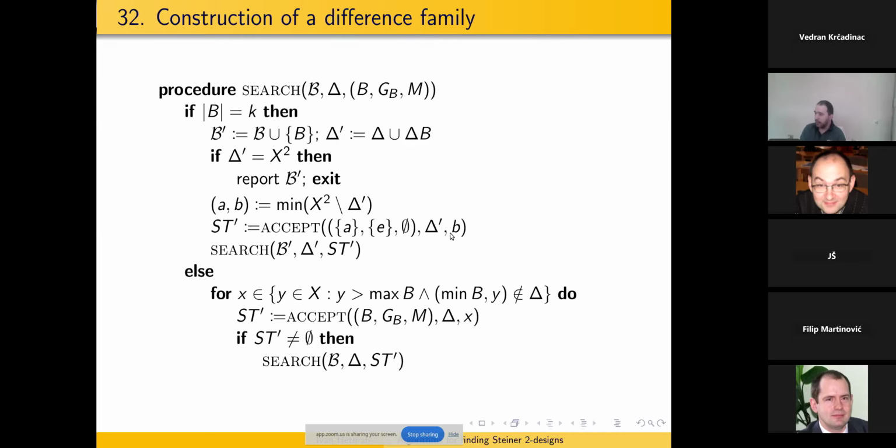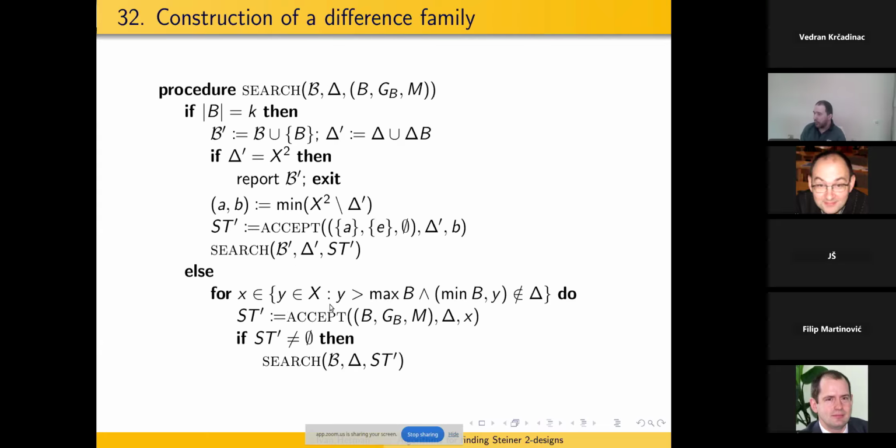We accept this B, because in this case this block, even on 2 points, I suppose it can have even more, I do not remember, but just to be sure, we then execute search on this.